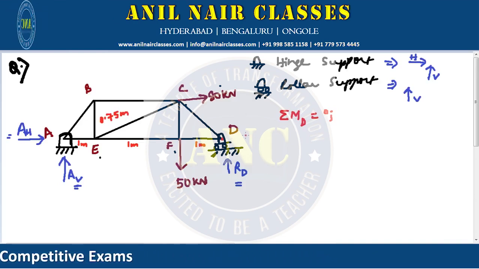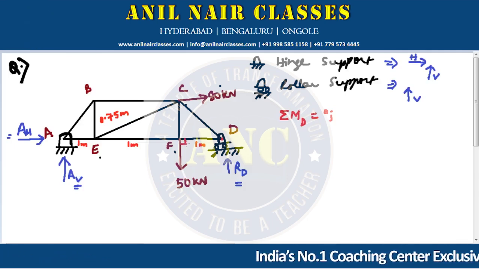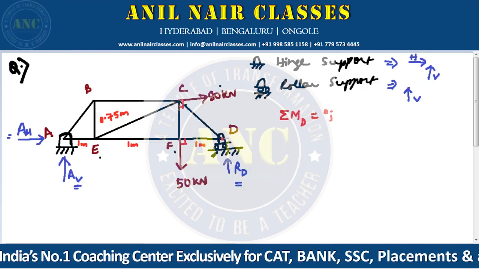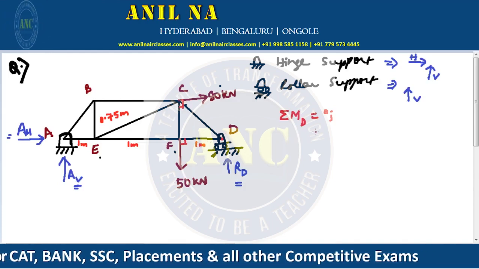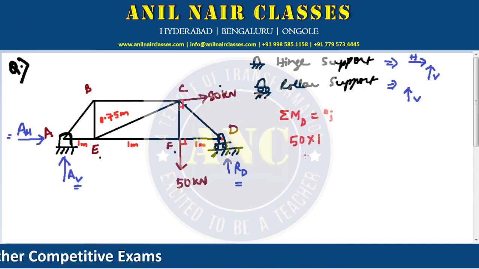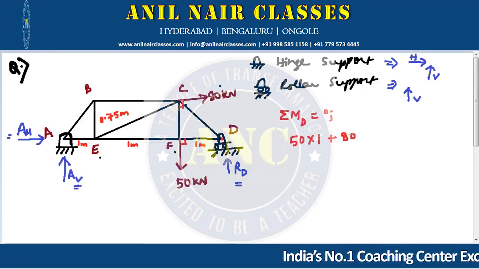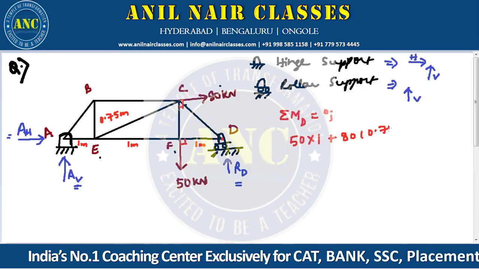Now here, what are the forces perpendicular from D? We can see there are two perpendicular forces. One is 50 kilonewton, one is 80 kilonewton. 50 kilonewton is at a distance of 1, whereas 80 kilonewton is at a distance of 0.75.